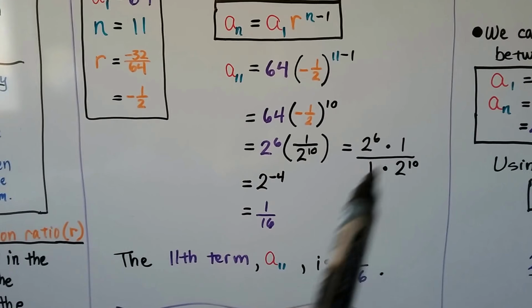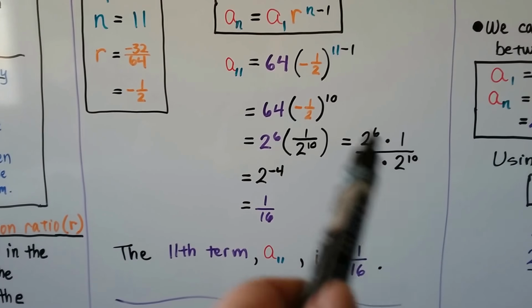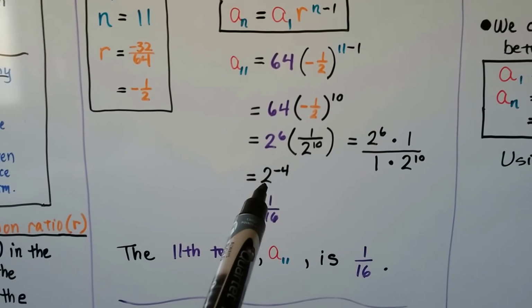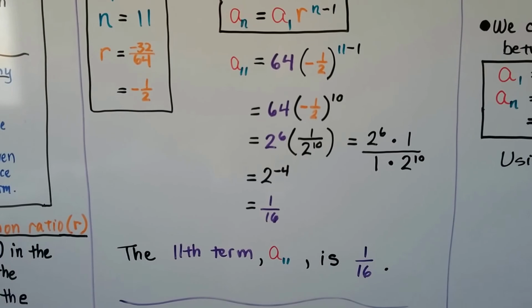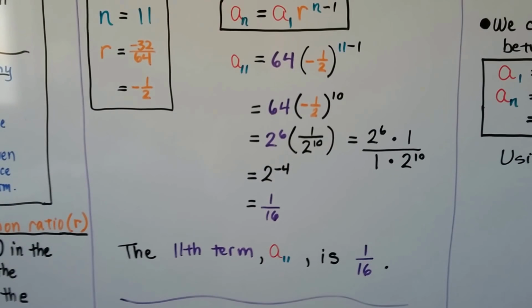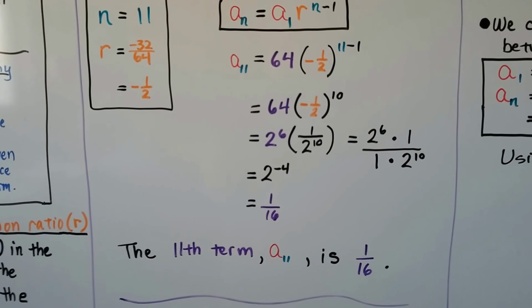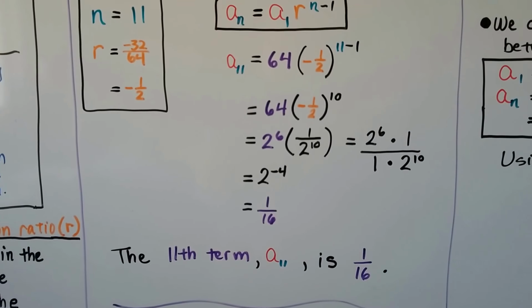These cancel out, don't they? And 6 minus 10, quotient rule, is going to give us negative 4. So now we have 2 to the negative 4, which gives us 1/16. So the 11th term, a sub 11, is going to be 1/16, okay?